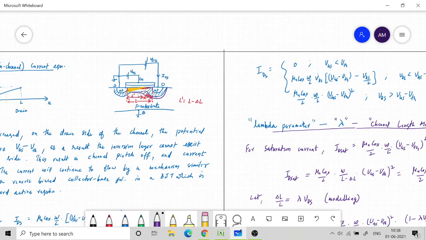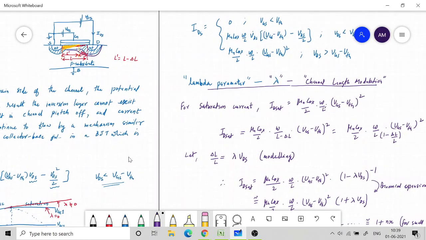So that will raise the silicon substrate potential further. Earlier both were grounded, so it was the same potential, but now the potential on the semiconductor side is going to be raised up, and that will increase the depletion region width compared to before. So there will be more depletion charge due to that.